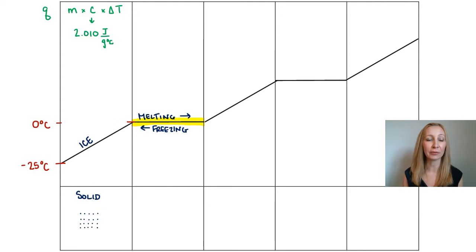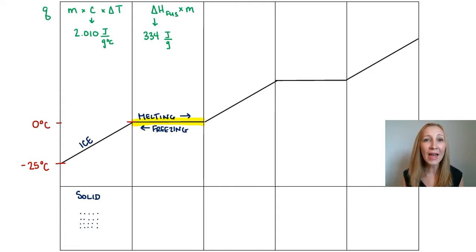So the reverse is freezing. So putting energy in is melting. Now, there's a different equation for calculating how much energy it takes to melt that ice, and that is Q is equal to the delta heat of fusion times the mass. And the delta heat of fusion for ice, or for water, for H2O, is 334 joules per gram. Notice there's no degrees Celsius in here because the temperature is not changing.